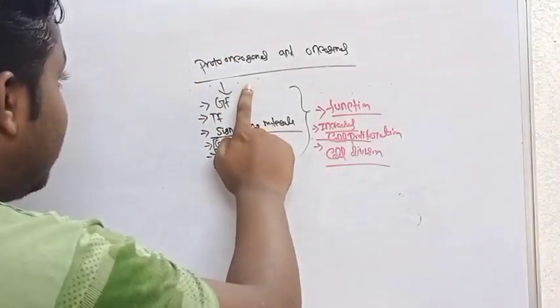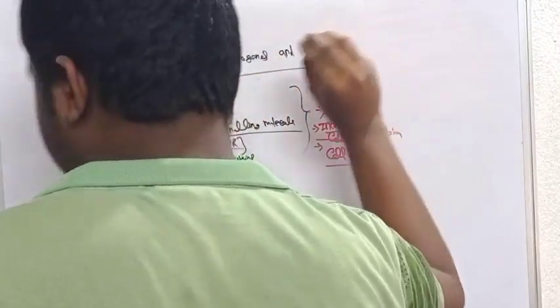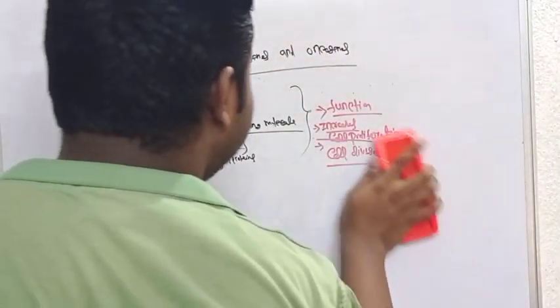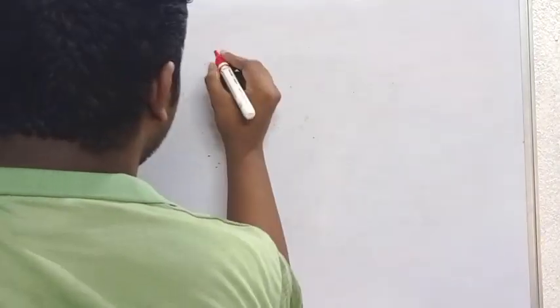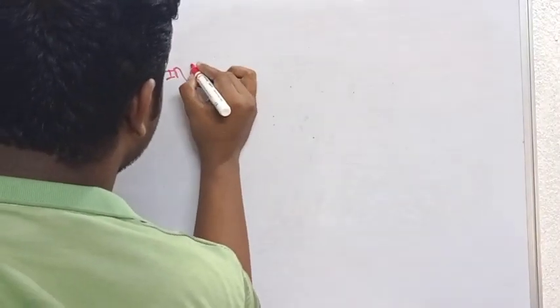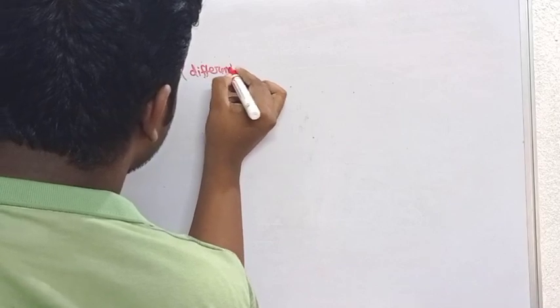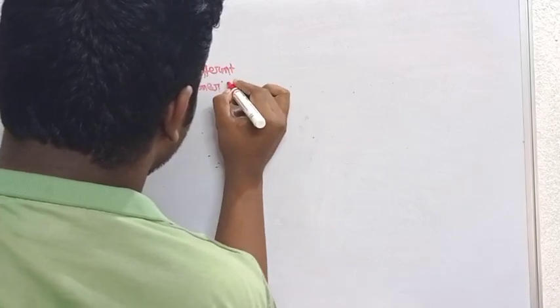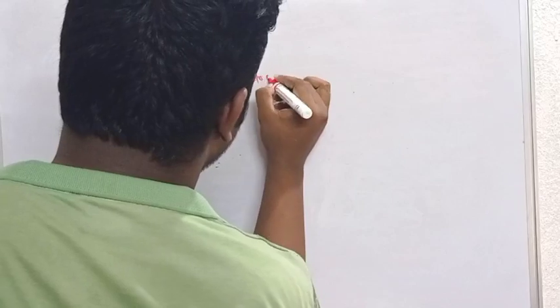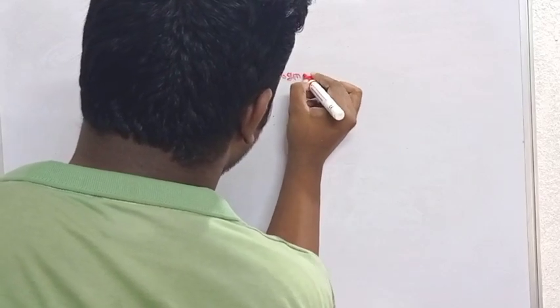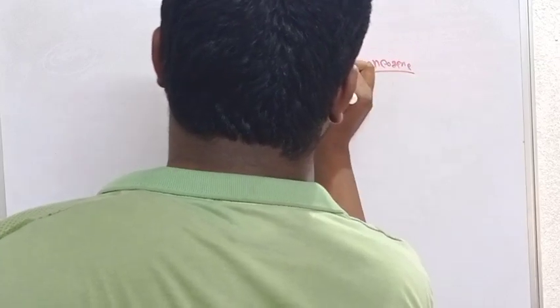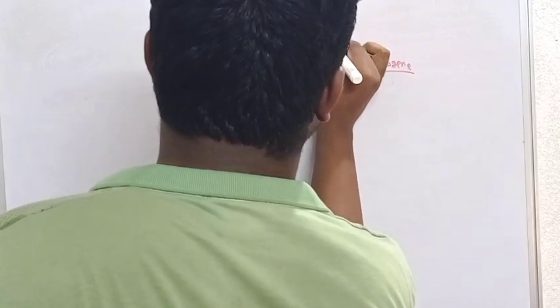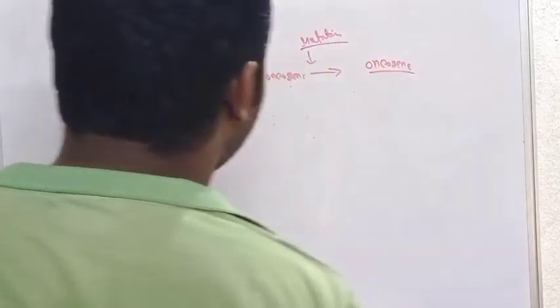So a proto-oncogene is sometimes converted into an oncogene. In cancer patients, we see that proto-oncogenes are converted into oncogenes in different kinds of cancers, due to mutation or activation.